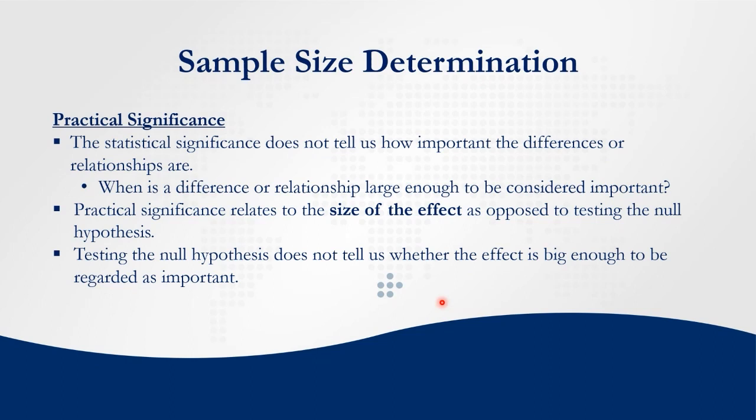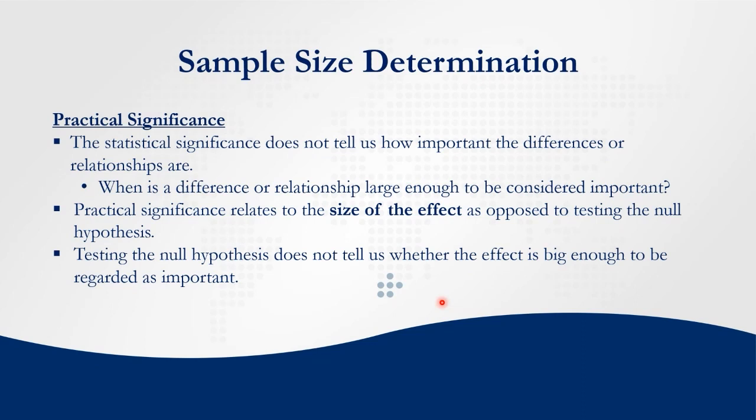So practically, when you look at the difference or this effect, is it practically significant? Statistical significance doesn't tell us how important the differences or the relationships are that we are picking up. So when do we say a difference or relationship is large enough to be considered important?